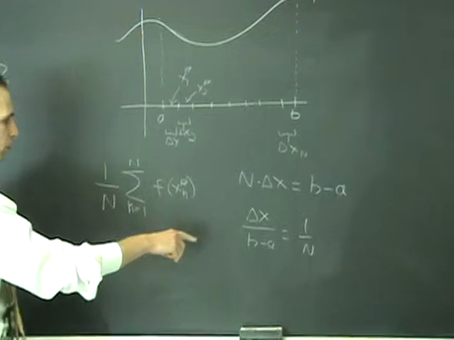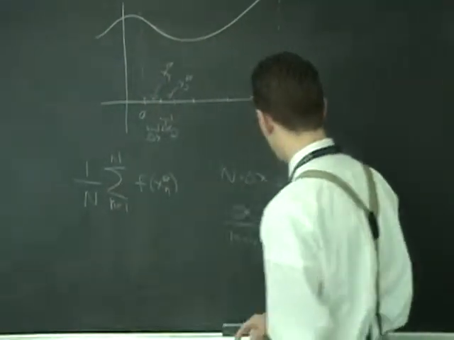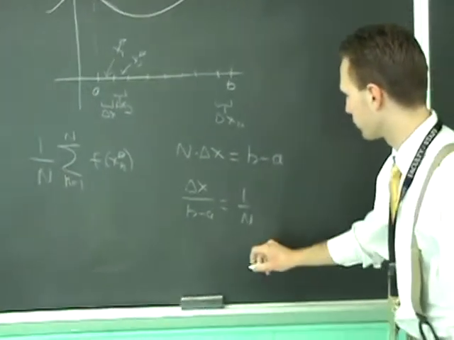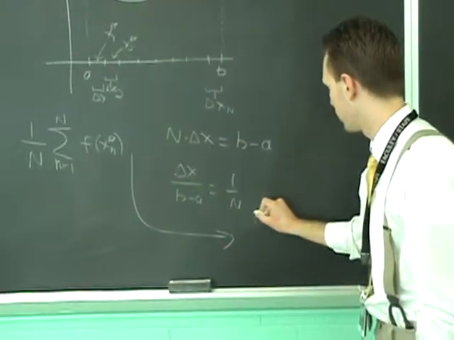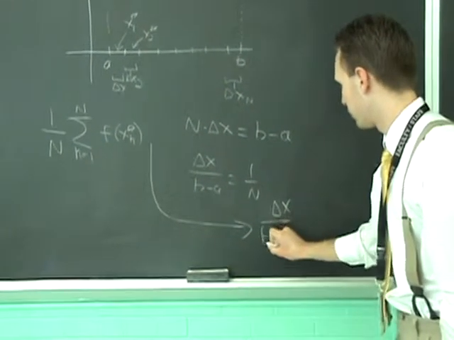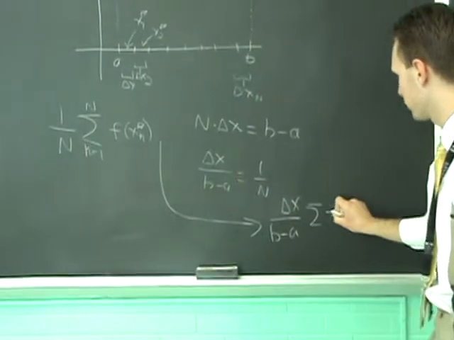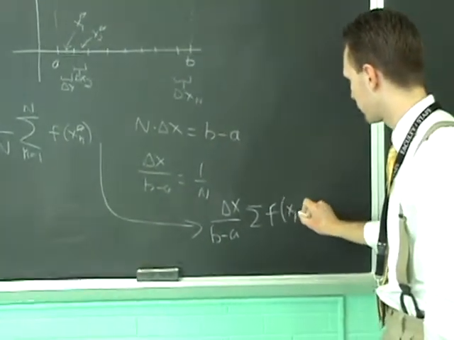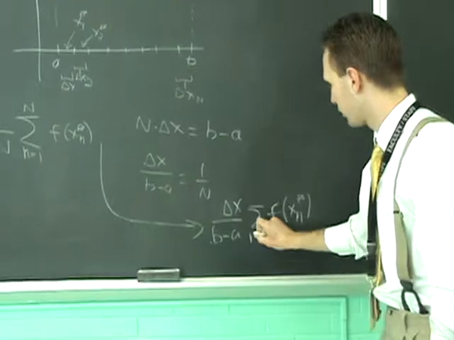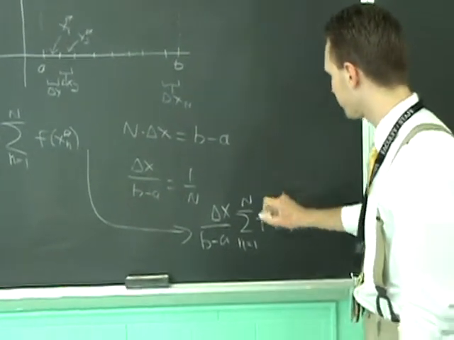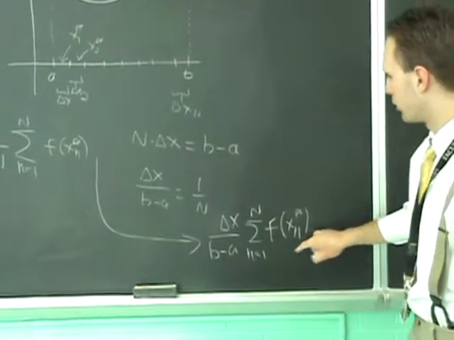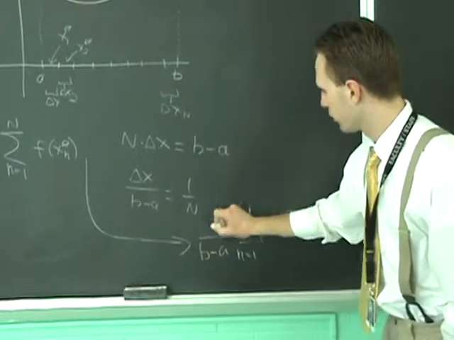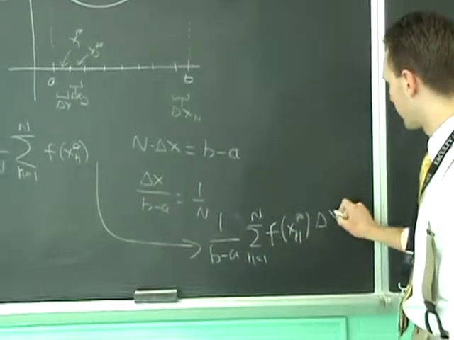Performing that replacement, you'll see that this gives you delta x over b minus a, times the sum of f of x k star, k equals 1 to n. And so you can bring this in to the other side, so it'll be 1 over b minus a, times the sum of f of x k star delta x.